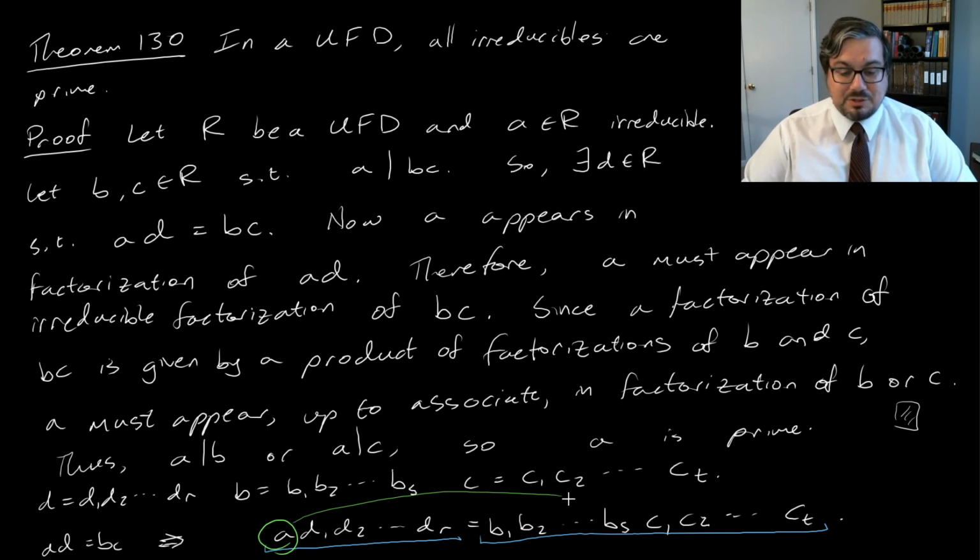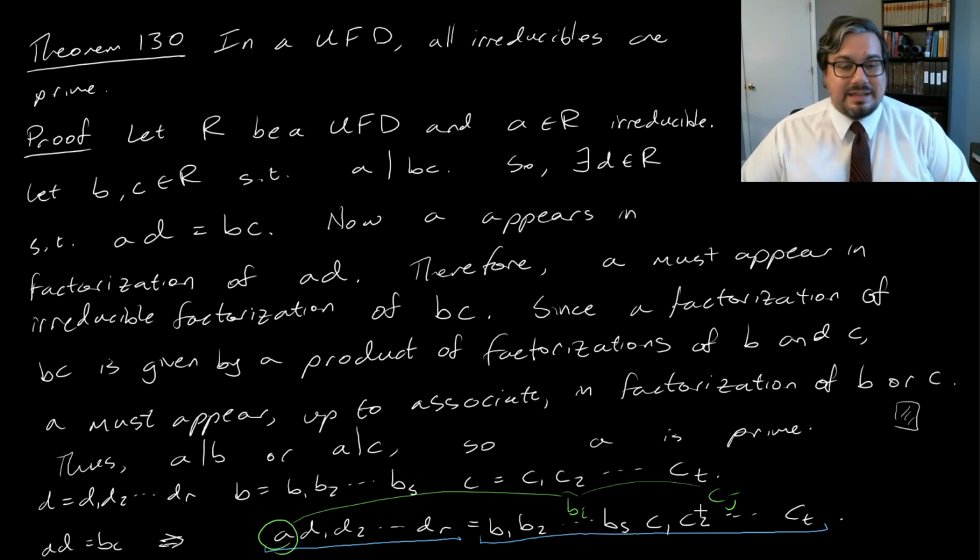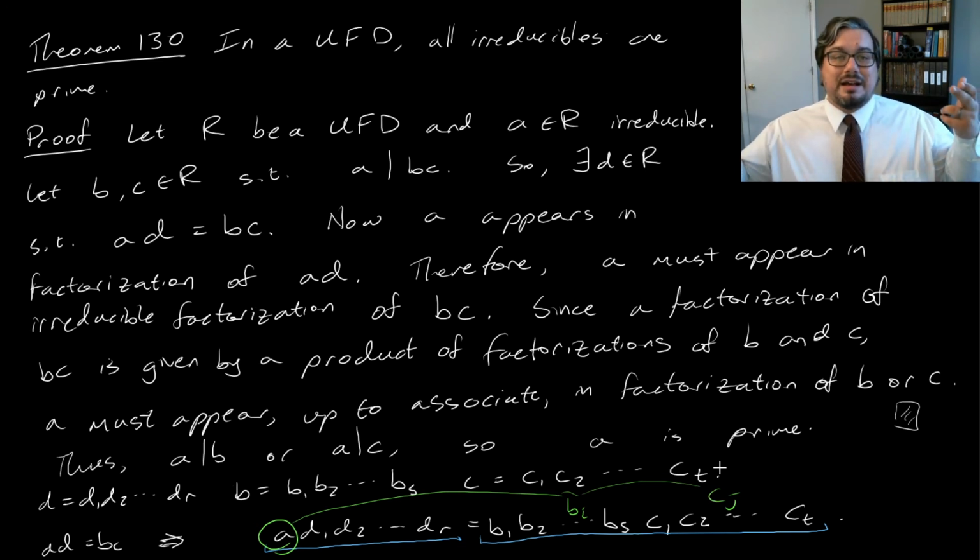So it must be associate to either a Bi or a Cj. In either case, it divides B or C. So this is the idea: in a unique factorization domain, if you have two products of irreducibles that are equal to each other, then those irreducibles must be associate to one another after some reordering.